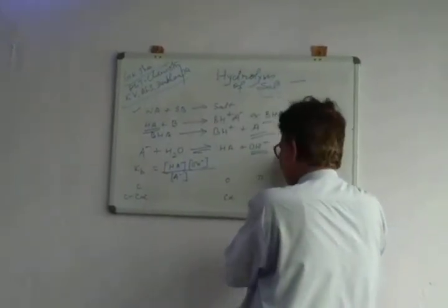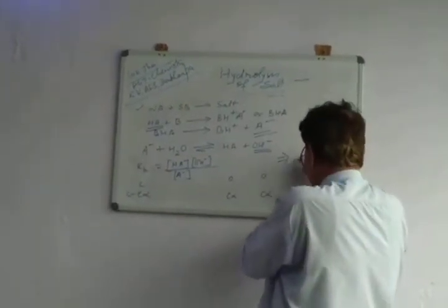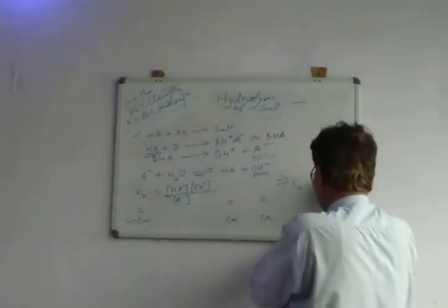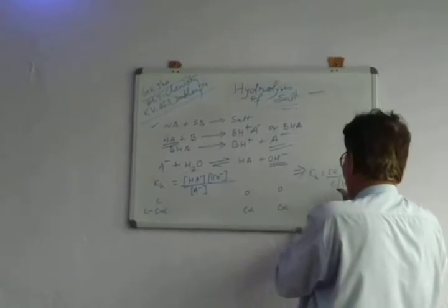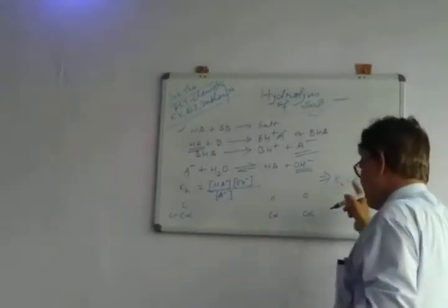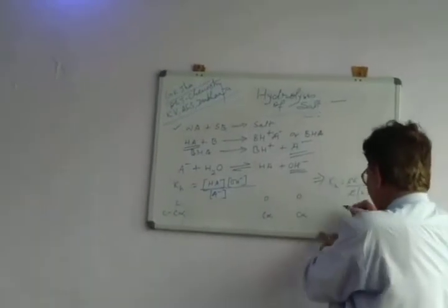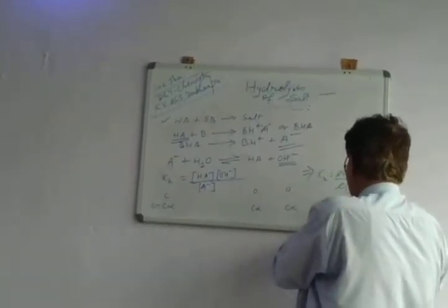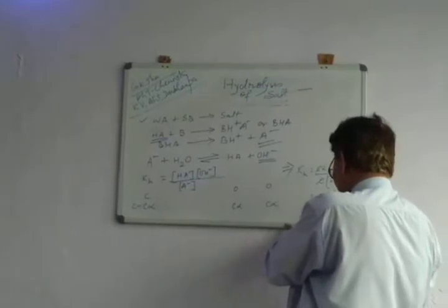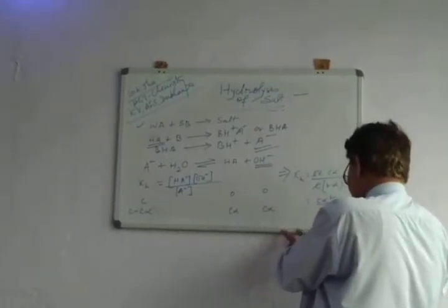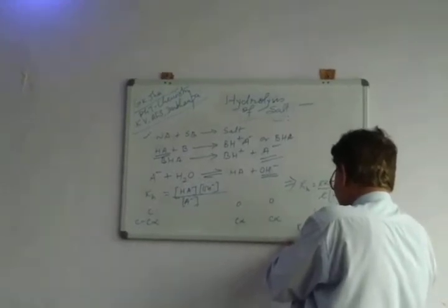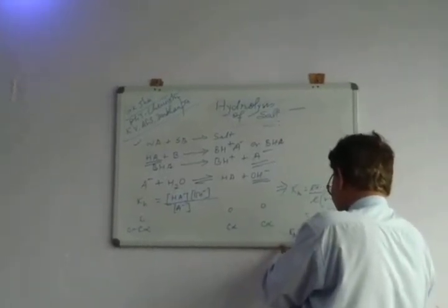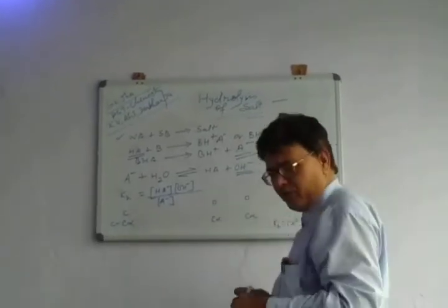Accordingly, KH will be equal to C alpha into C alpha by C into 1 minus alpha. Concentration is not 0, therefore we can cancel, and this will be C alpha squared by 1 minus alpha. Since alpha is very much less than 1, KH will be equal to C alpha squared.